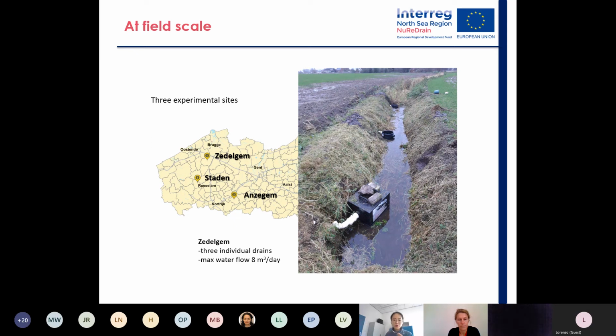There are 3 individual drains in Zelderhem, as you see in the photo, with maximum water flow of 8 cubic meters per day. We will focus on this site because the water from Staten and Enzerhem was drained from a larger field of 1 to 2 hectares, which was beyond the capability of the designed filter processing.